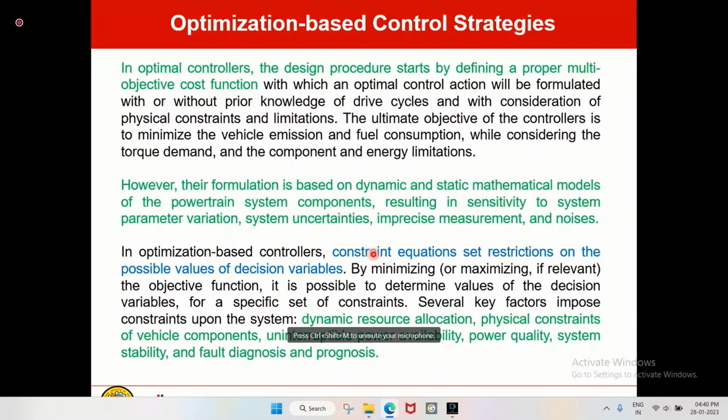And then I need to have constraints as well. When I talk of optimization problems, I need to take into consideration the constraints. So what kind of constraints I may have? For example, I would be either minimizing or maximizing the objective function. So I want to consider some specific set of constraints, right? So these could be, for example, dynamic resource allocation, or physical constraints of vehicle components, or uninterruptible power availability, or power quality issues, system stability, fault diagnosis and prognosis.